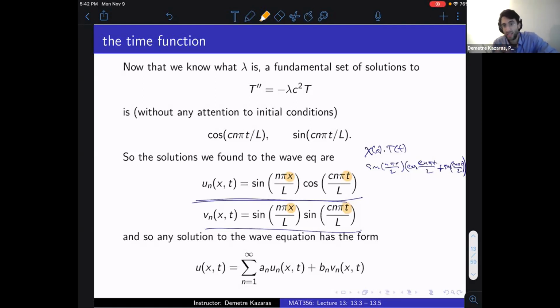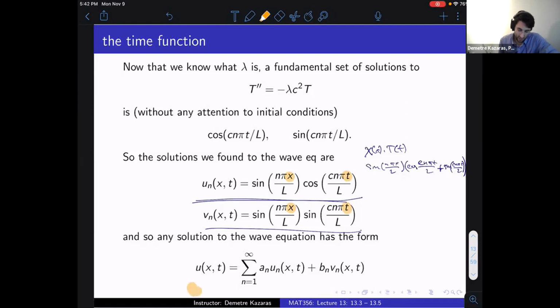The point is, you get that one sine function of x multiplied by these two different trig functions in t. Okay, those are our building block solutions. They form, as we know, by what we learned about Fourier series, a complete set of solutions to the wave equation.